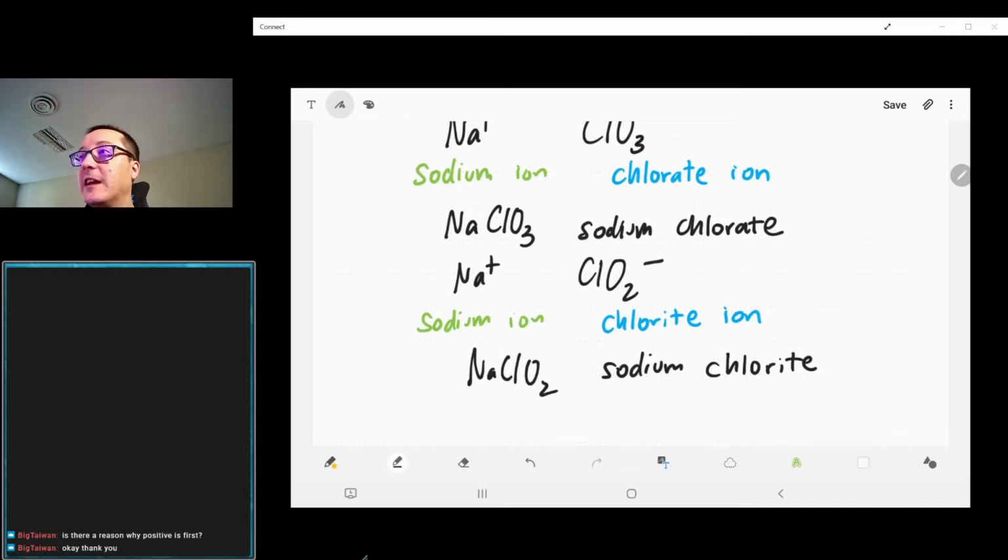So spelling definitely matters here. That's 1 letter away from sodium chloride. You can eat sodium chloride. It tastes lovely. It's salt. If you eat sodium chlorite, you die. So all it takes is 1 letter, right? So be very careful with spelling these names.